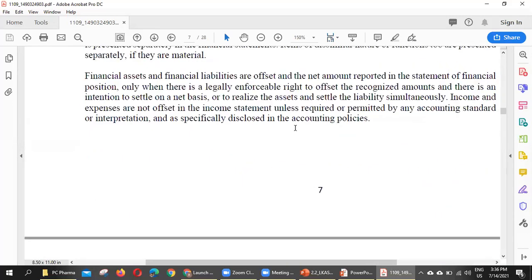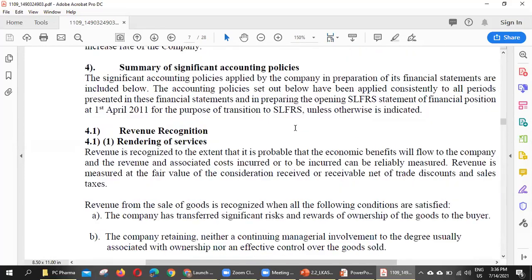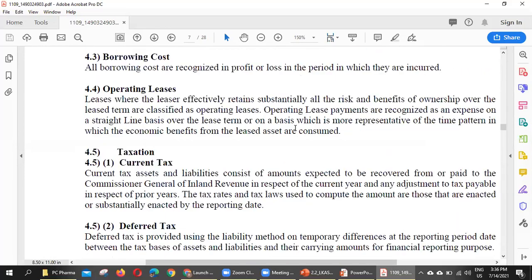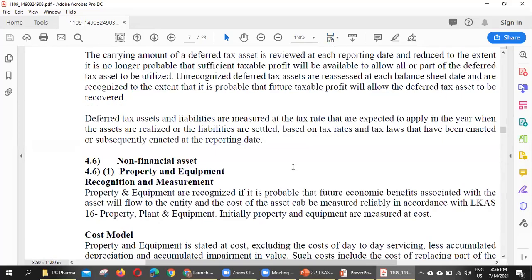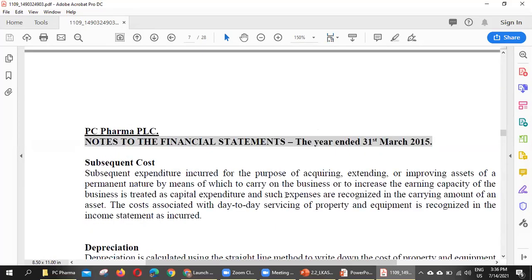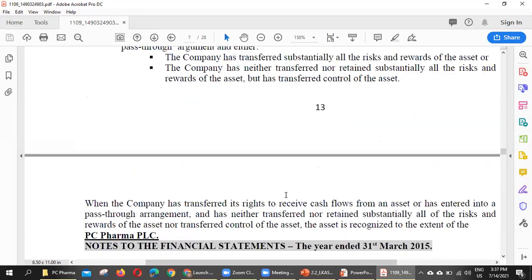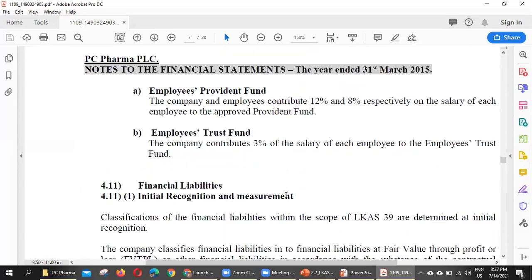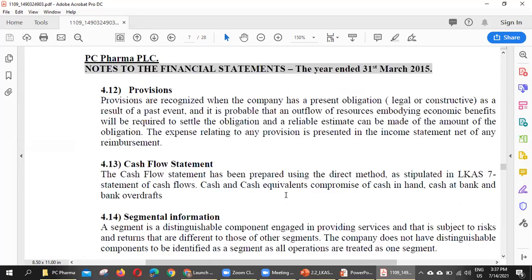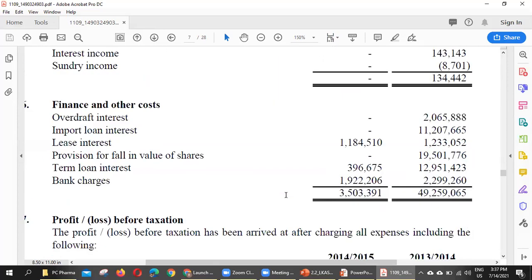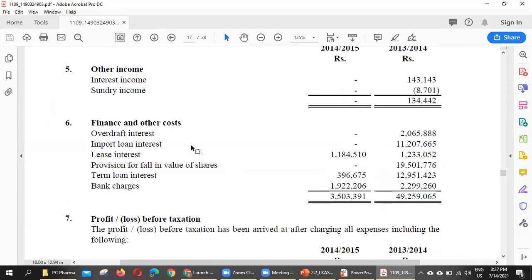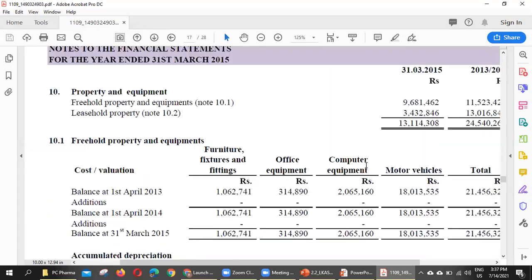So when you look at number 5, right here, other income, you can find interest income and sundry expenses, the detailed ones. These are the notes.